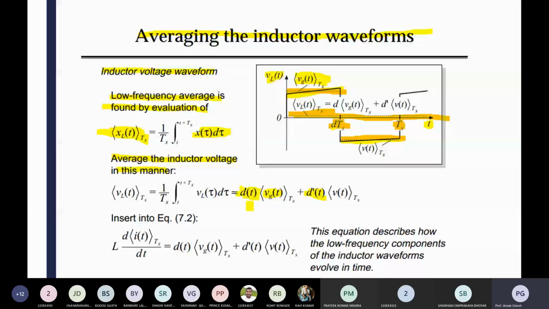It is multiplied with your input voltage for the switch on condition, and it is averaged over your switching time period. In the switch off condition, the value you observe is v(t), the output voltage. So the d dash term is there due to the switch off condition.